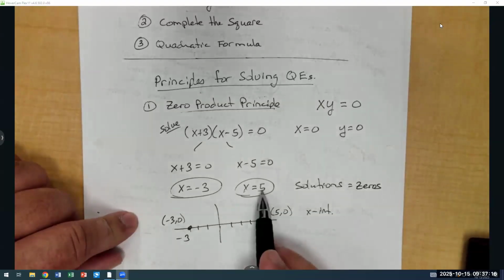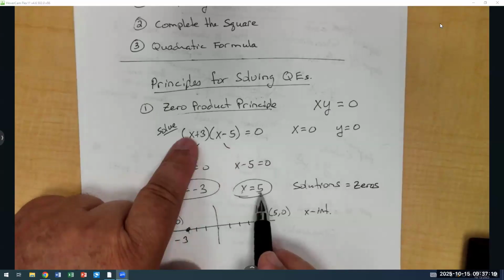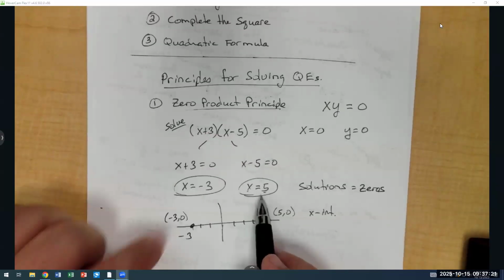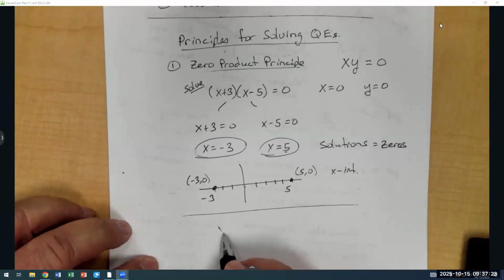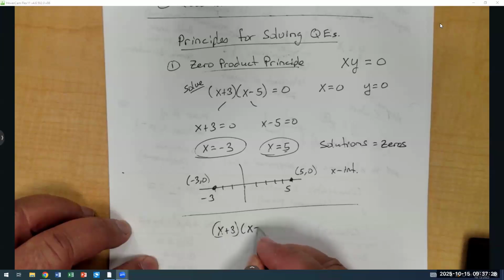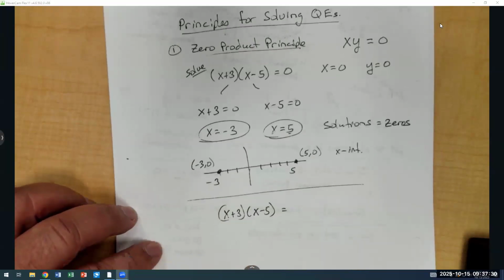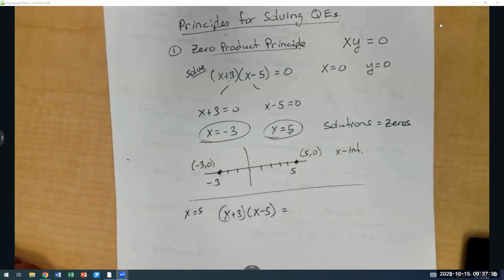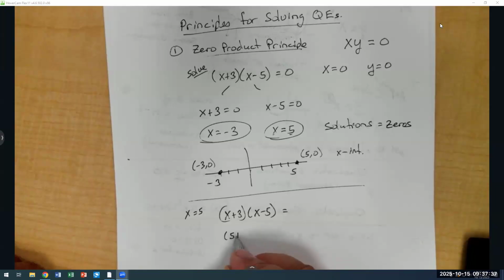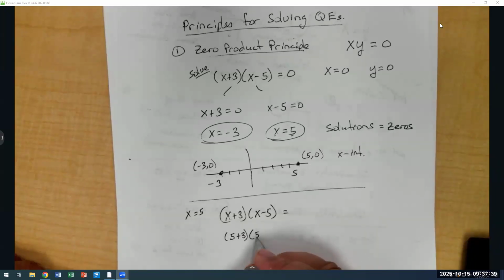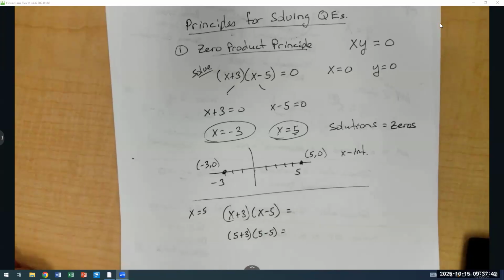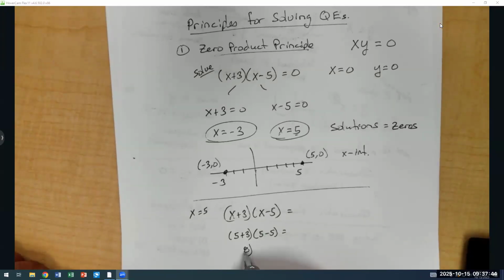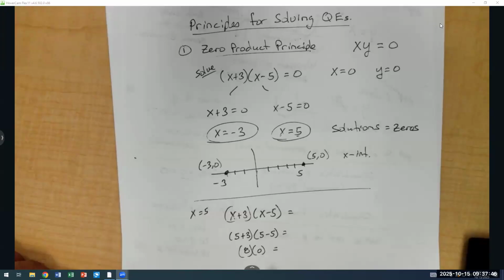If I took 5 and plugged it inside this equation, x plus 3 times x minus 5, if I set x equals 5, what's the equation going to equal? 0.